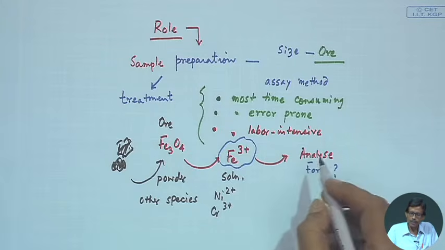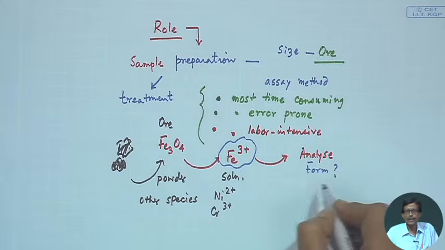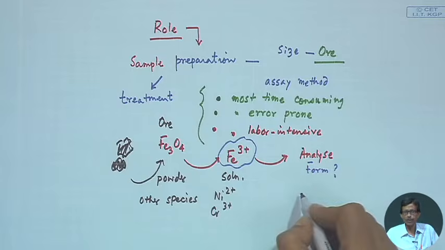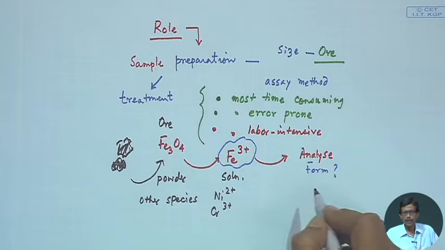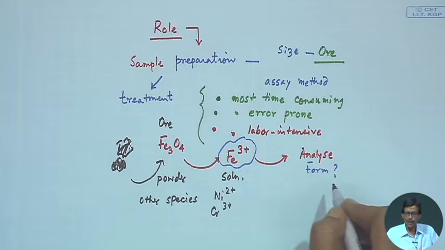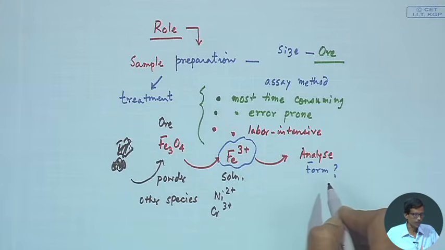Also, sometimes we add some reagent and the reagent can attack the particular species, that means Fe3+ or As3+ or any other species, to form some colored species or some insoluble precipitate.